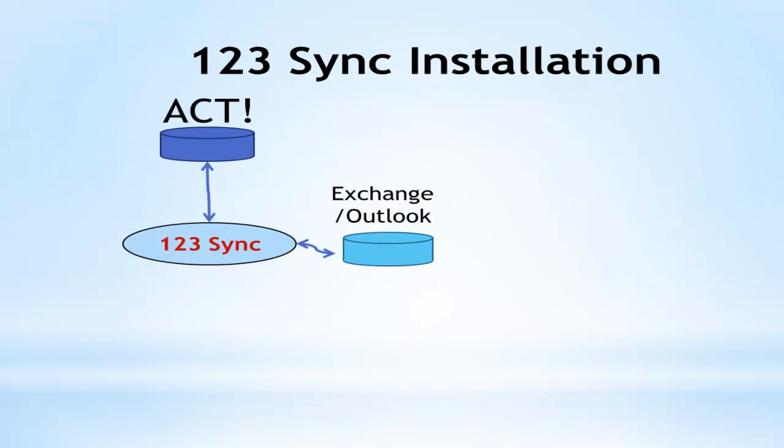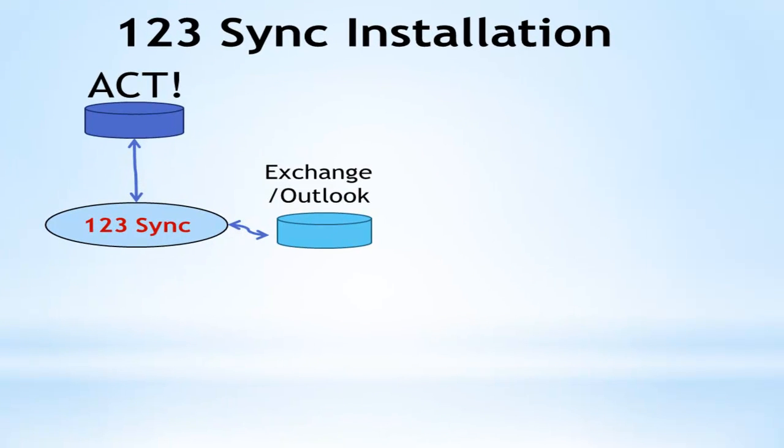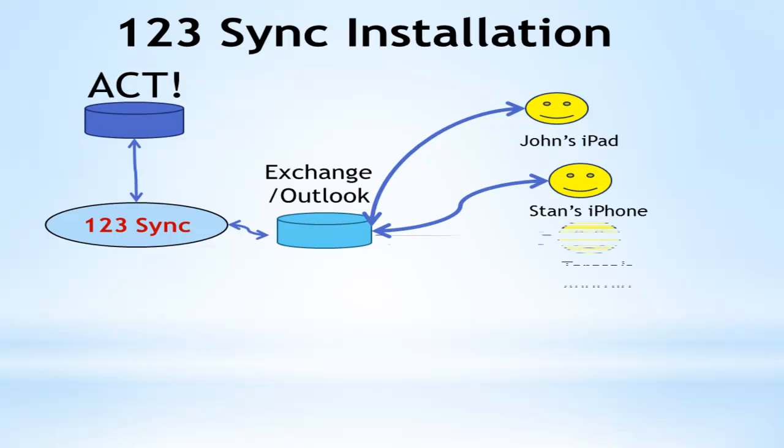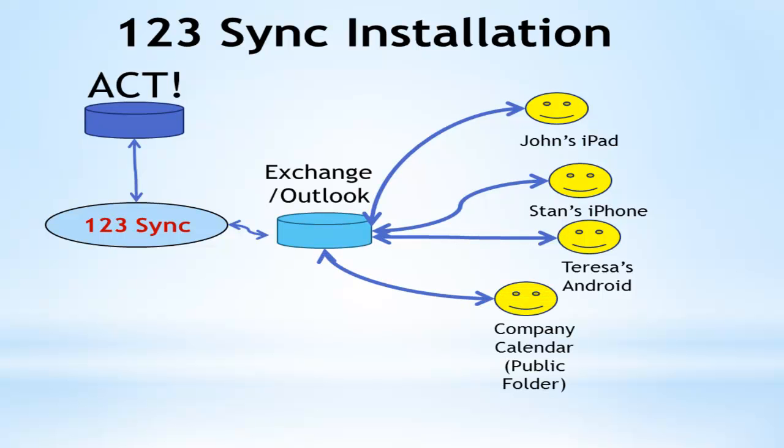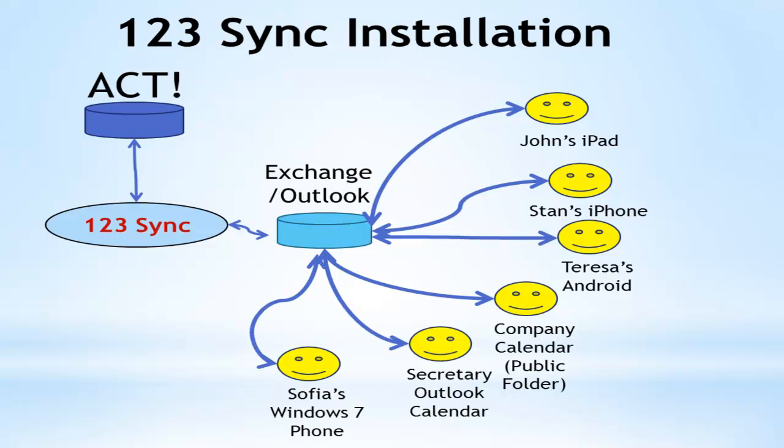So in a regular sync installation, you'll have ACT and then 123 Sync working with Outlook. And that will sync, for example, to John's iPad or Stan's iPhone, Teresa's Android, a regular public calendar for the company, as well as the secretary calendar, a Windows 7 phone.